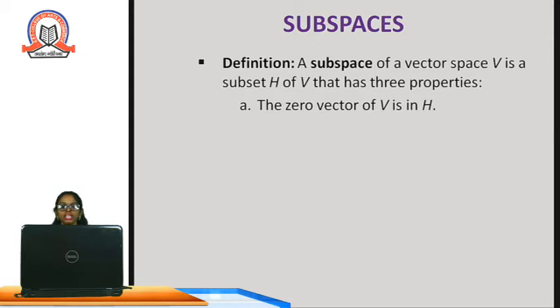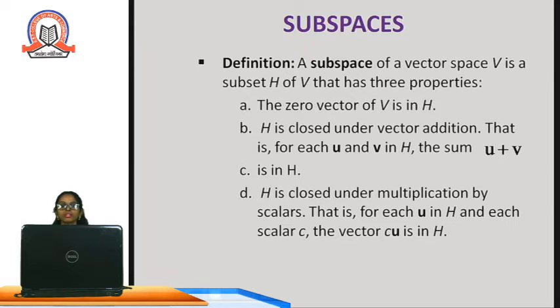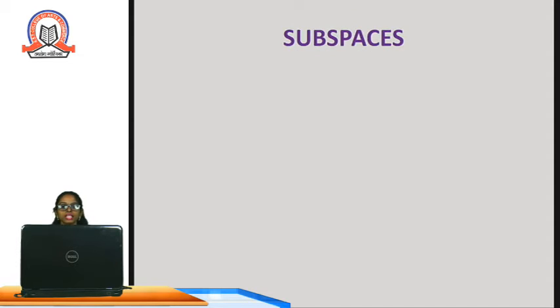First property: the zero vector of V is in H. Second, H is closed under vector addition, that is, for each u and v in H, the sum is also in H. And the last property is for multiplication: H is closed under multiplication by scalars, that is, for each u in H and each scalar c, the vector c times u also belongs to H. It is called a subspace.